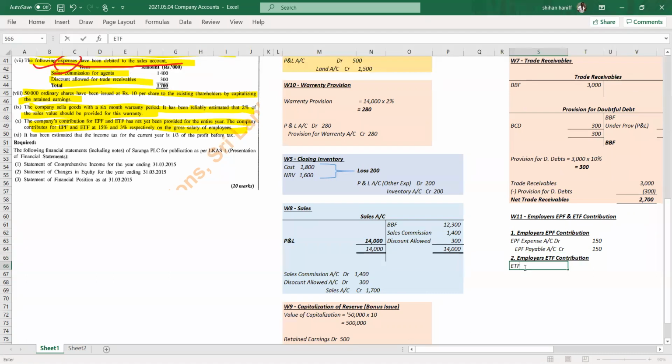That is ETF expense account debit, which is 3%, and ETF payable account credit.